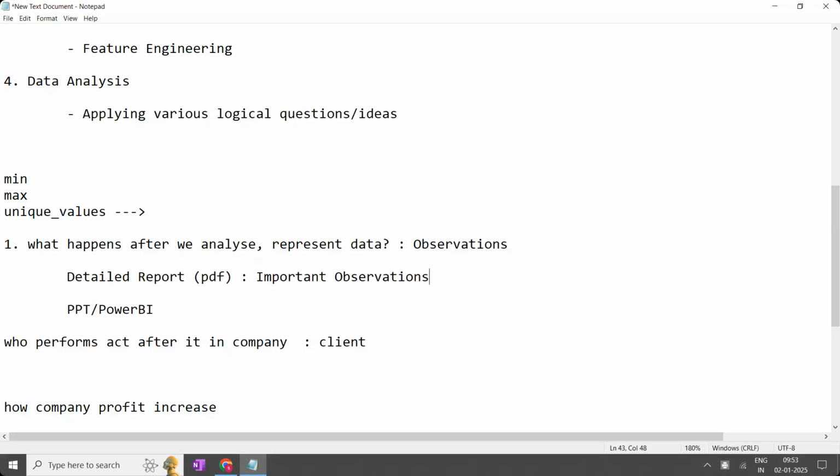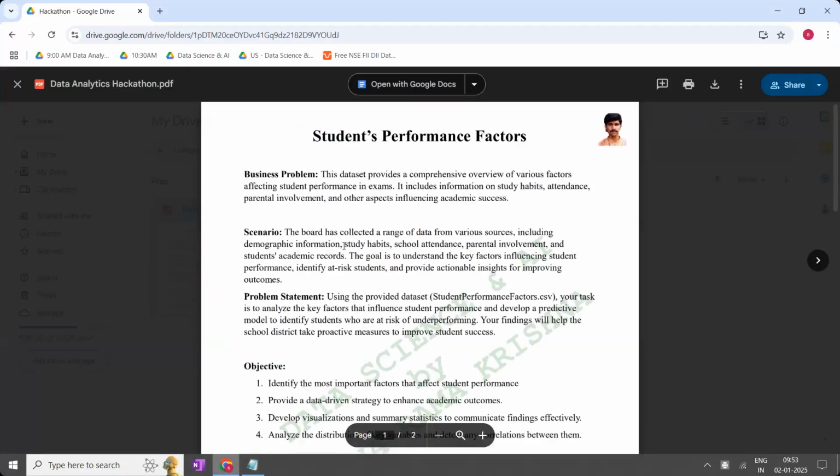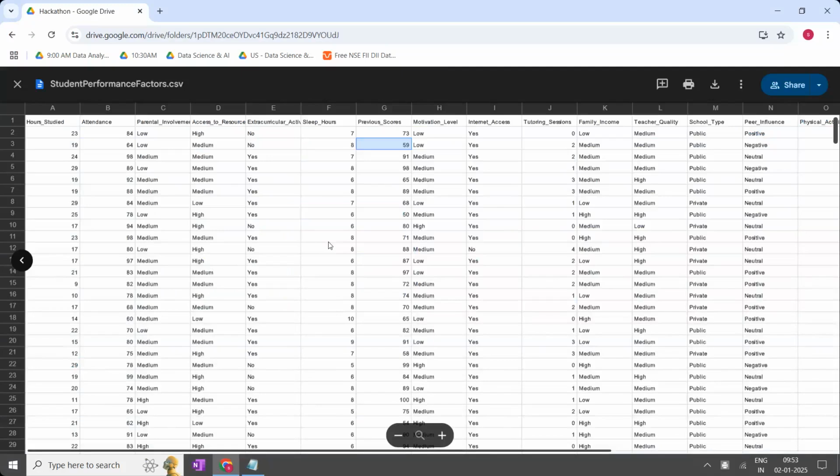Okay. Now, in Power BI, for example, I am going to explain from my point of view what observations I have made, and I'm going to show everything. For example, here I have parental involvement versus exam score. This is important.